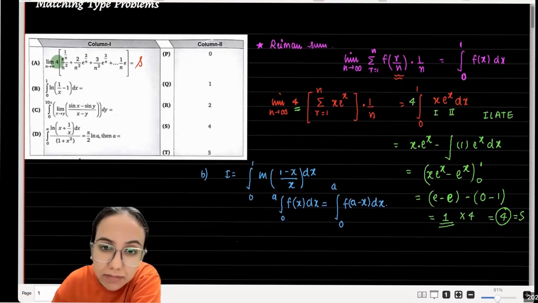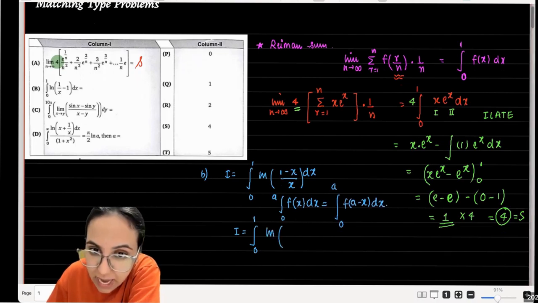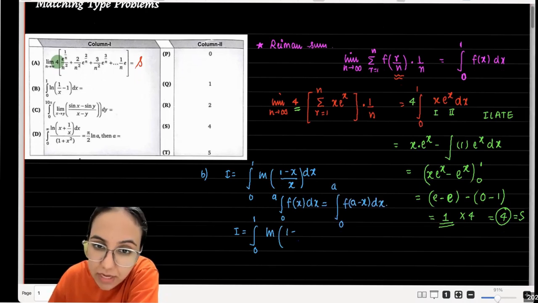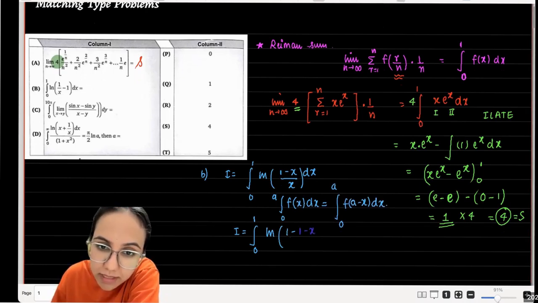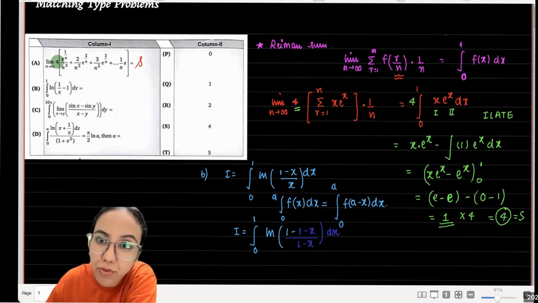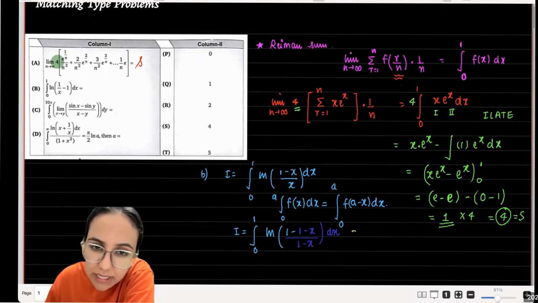That means I can also write my I as integration 0 to 1 ln of, where this x is replaced with 1 minus x, so (1 minus x) over (1 minus x) and dx. Let's simplify this.